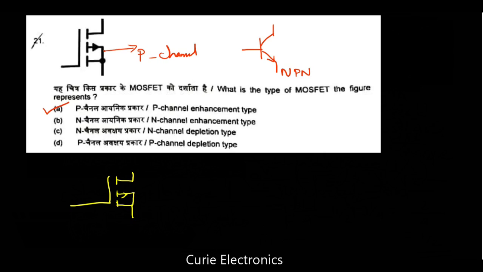What if it is depletion? If there is no break, just a continuous line, then it is depletion. So the right answer is option A. It's an enhancement MOSFET.